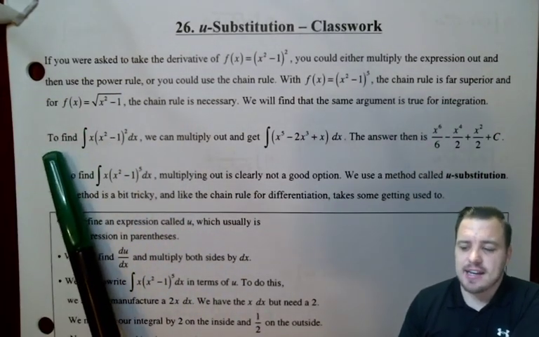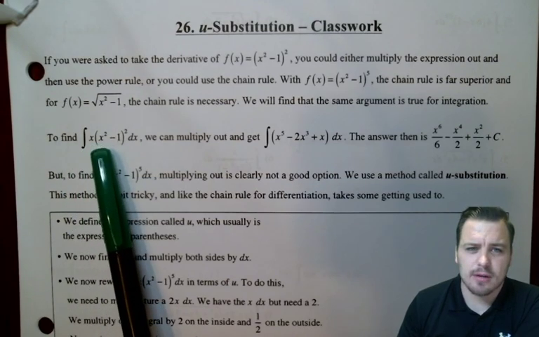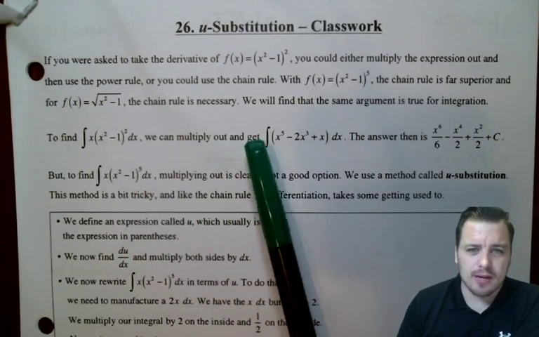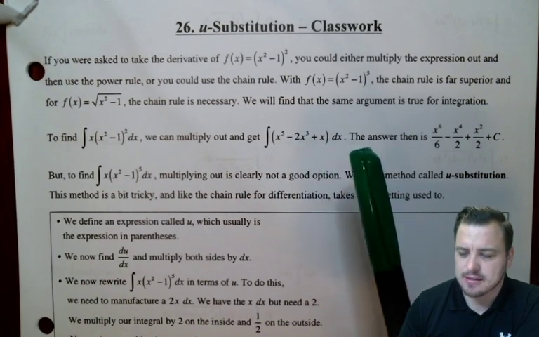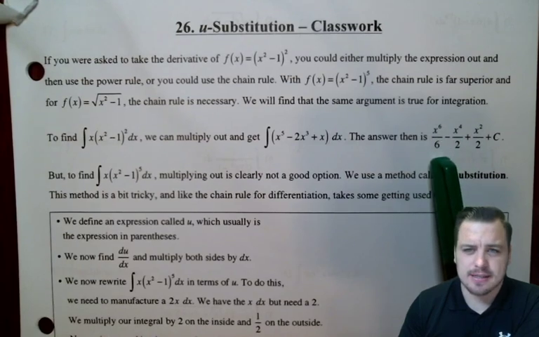So to find the antiderivative of x times the quantity x squared minus 1, squared, dx, we can multiply it out and get x to the 5th minus 2x cubed plus x dx. Then our answer would be x to the 6th over 6 minus x to the 4th over 2 plus x squared over 2 plus c.